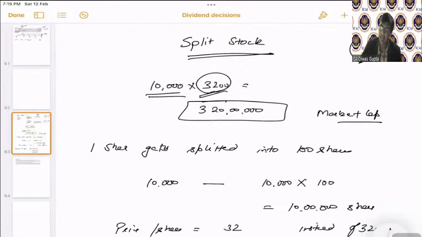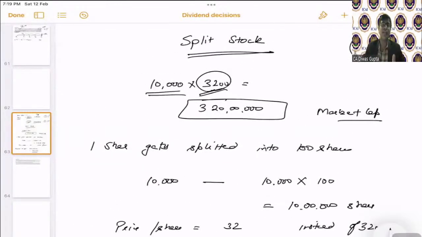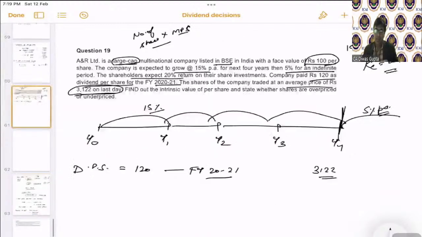I'm not touching upon that topic; we will cover it in the CA final part. But the split stock concept came about to reduce the per unit valuation and increase the number of shares, so as to keep the overall valuation the same.